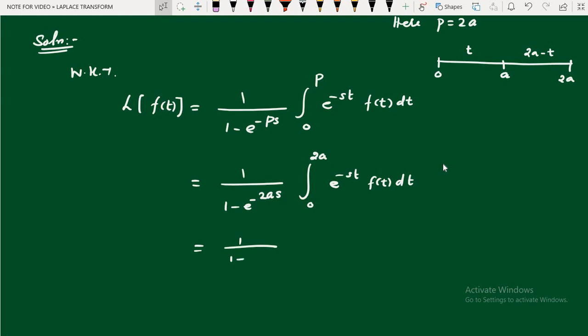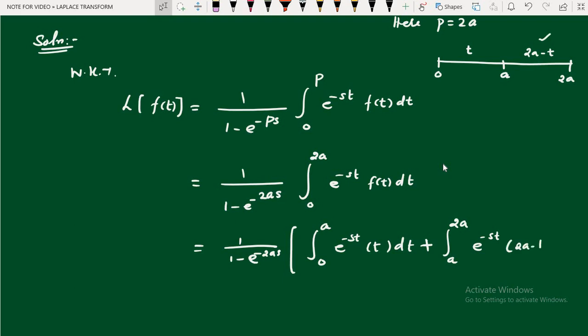Divide this integral into two integrals: 1 by 1 minus e power minus 2as, then 0 to a, e power minus st, and in 0 to a our function f of t is t, into dt. The next interval is a to 2a, where the function value is 2a minus t, so 2a minus t into dt.